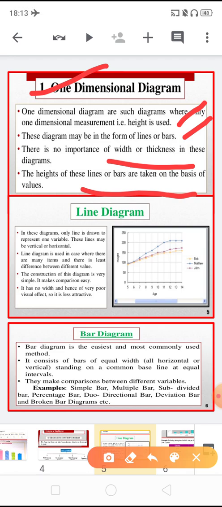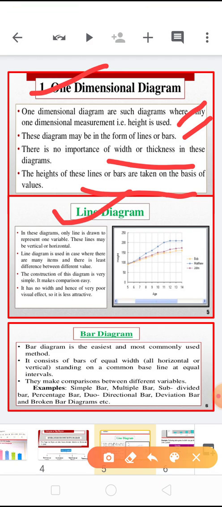Now the first one is your line diagram. So children, in the line diagram basically only lines are drawn to represent one variable. These lines may be vertical or horizontal, and line diagrams are used in cases where there are many items and there is at least a difference between the different values.